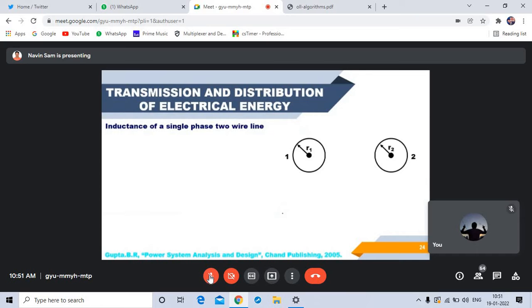So one more conductor I am considering. And for that conductor, the radius is assumed to be R2. Right? So let me assume that in the single phase transmission line, these 2 conductors are placed at a distance D.